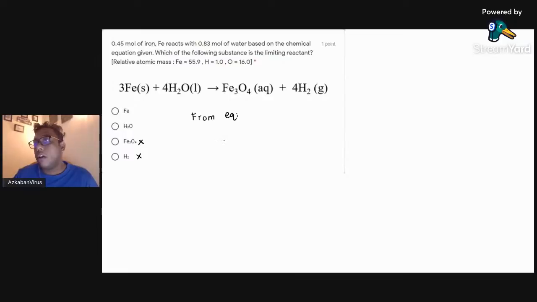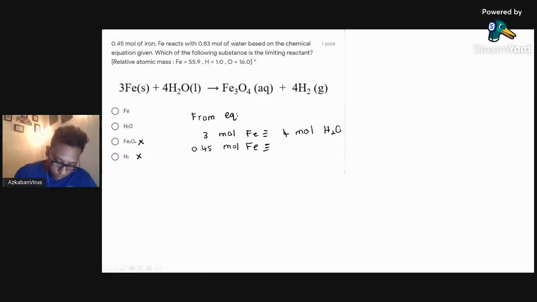We know that for every 3 mole of Fe, it will react with 4 mole of water. Now we have 0.45. So 0.45 divided by 3 times 4 is equal to 0.60 mole of H2O needed.